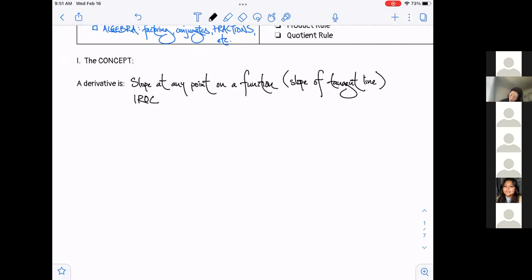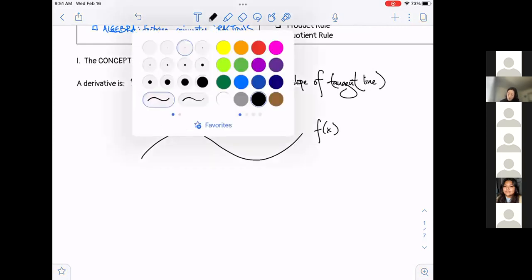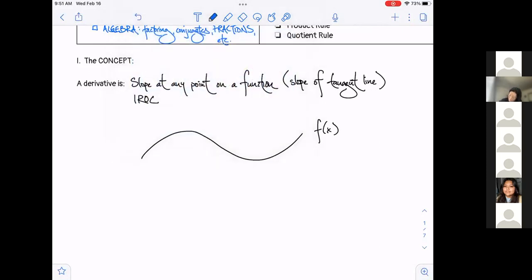Okay, so let's put a picture here. I don't know why my functions always end up looking the same, but we have a function. We're going to call it f of x. Okay. I'm going to draw a few different lines. What's the slope at that point?